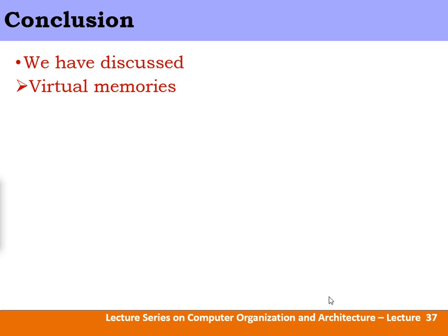Whenever it is not possible to fit the entire program in the main memory, part of the program can be placed in the main memory and the remaining part can be stored in the secondary memory. Whenever it is essential to execute the program stored in the secondary memory, it needs to be brought into the main memory by replacing certain part of the program from the main memory. So this is regarding virtual memories. Thank you.